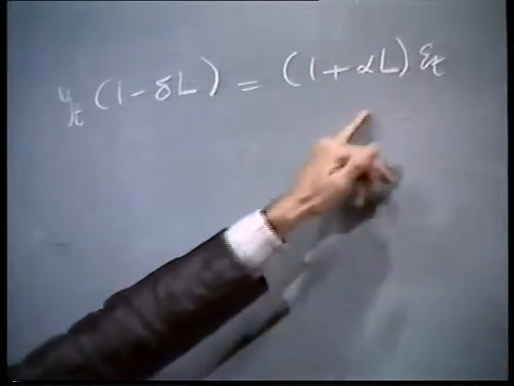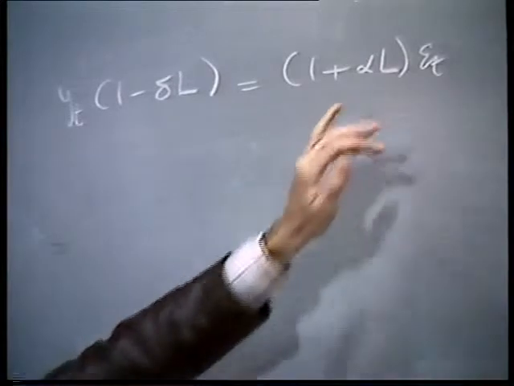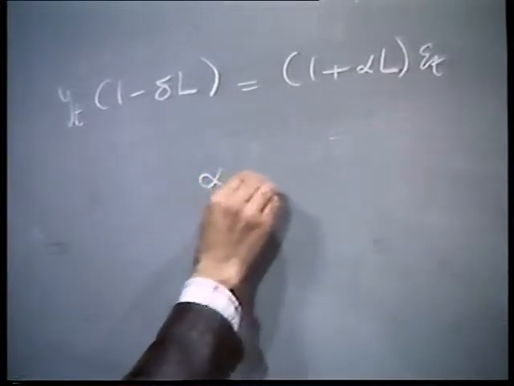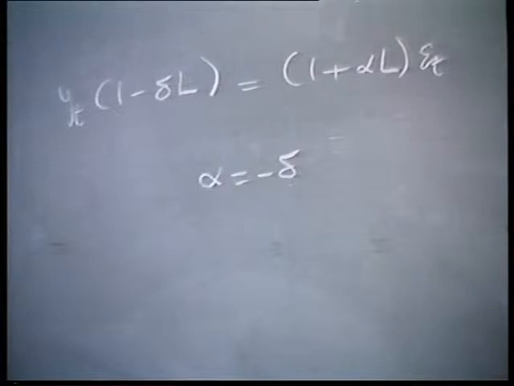And we would have common factors, totally redundant factors, if in fact alpha was equal to minus delta. If alpha is equal to minus delta, then we're saying that y_t is in fact white noise. It's just epsilon.